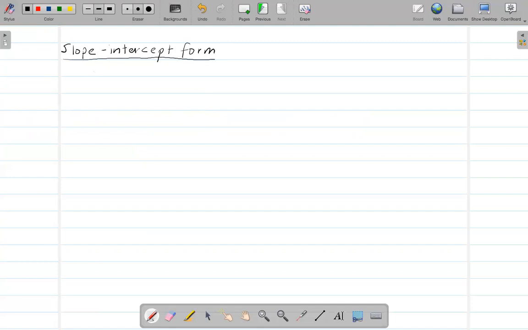which is y equals mx plus b, where we said that this m is the slope and this b is the y-intercept.